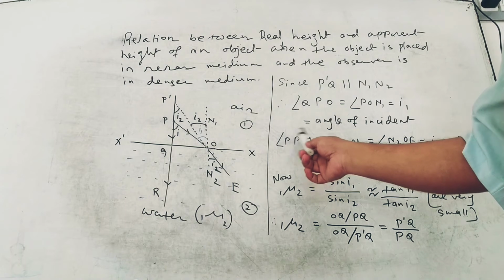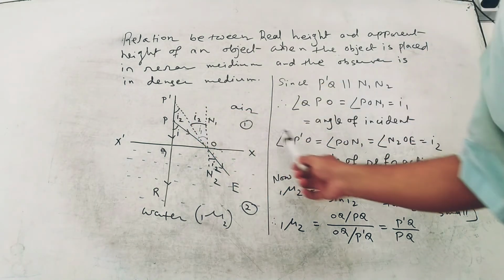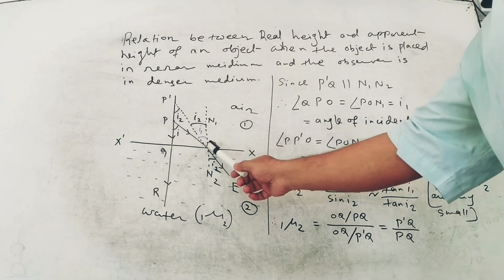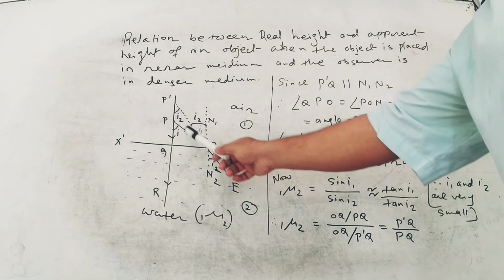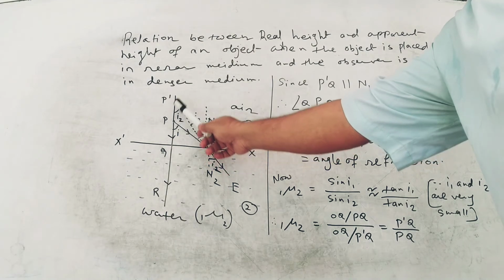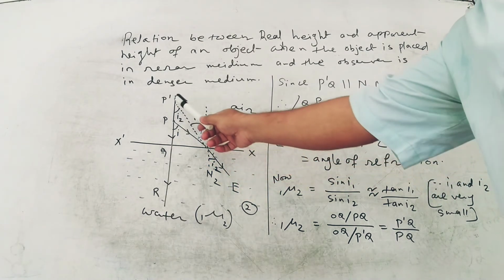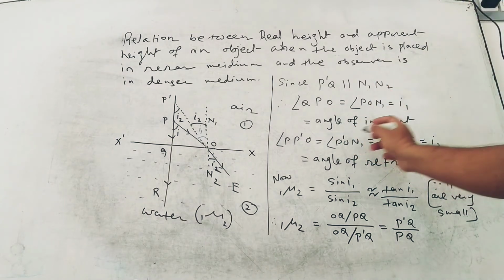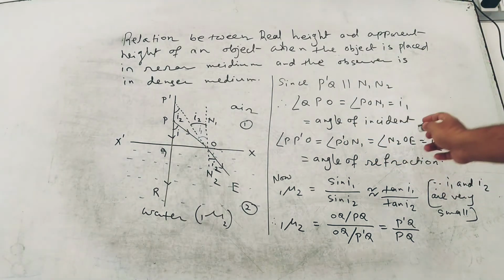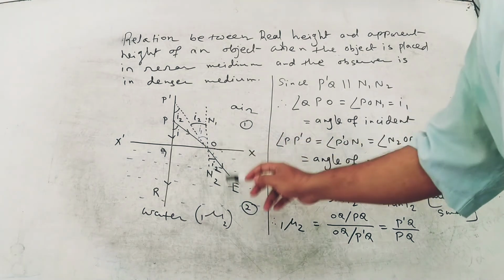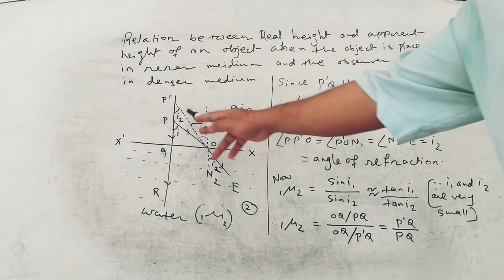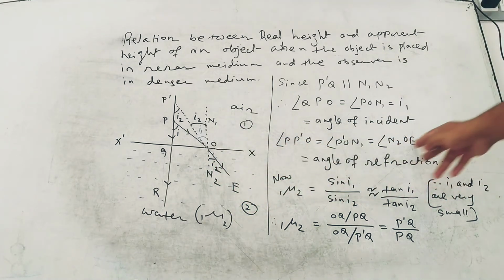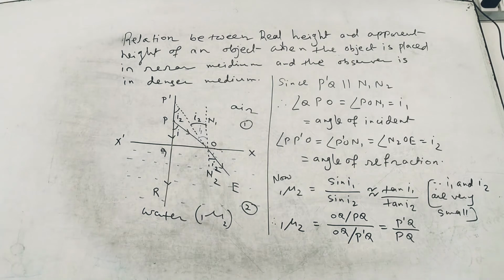And angle P prime O N1 is equal to N2OE, because P prime O N1 is vertically opposite to N2OE, which is equal to I2, the angle of refraction.